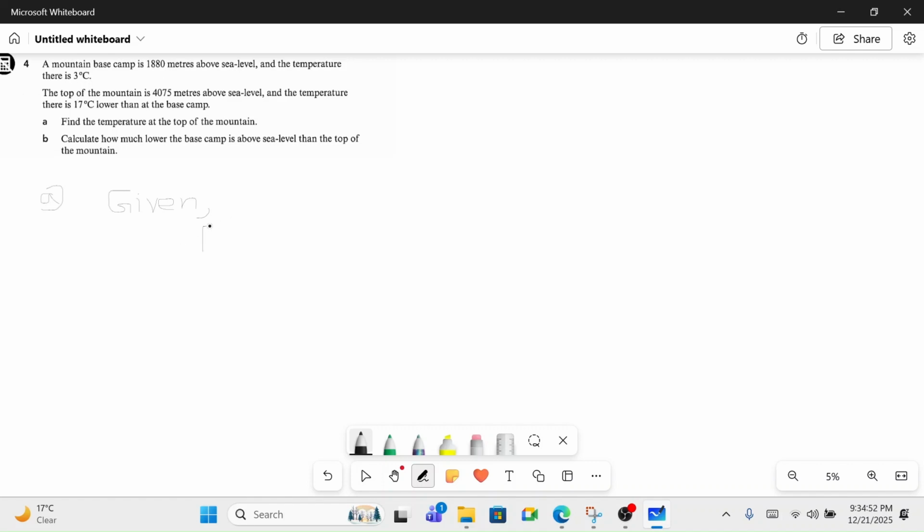Equals 3, and top of mountain equals -17.